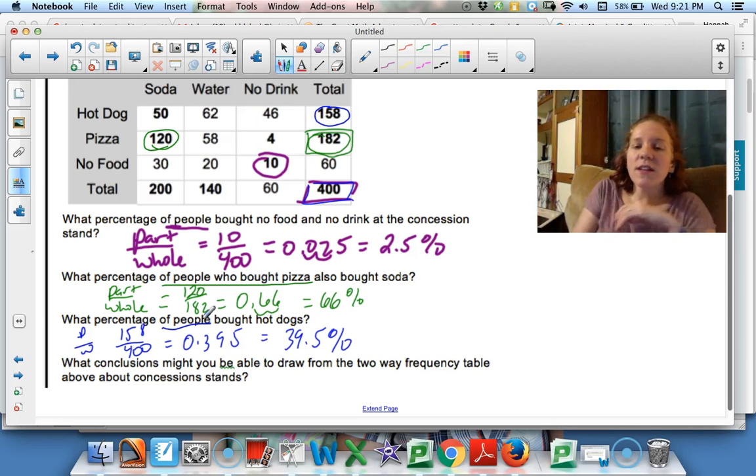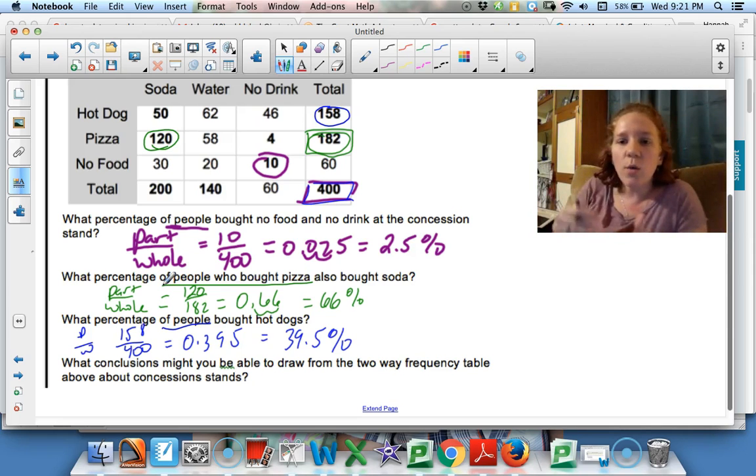So, you know, there's lots of things you can pull from that, but the trick to these, it seems like the vocabulary is the tricky part, but that doesn't tend to show up very often. The trick is knowing what we're asking, paying attention to this "of" statement so that you know what that bottom portion of your fraction is going to be, because that's where people tend to get mistakes.